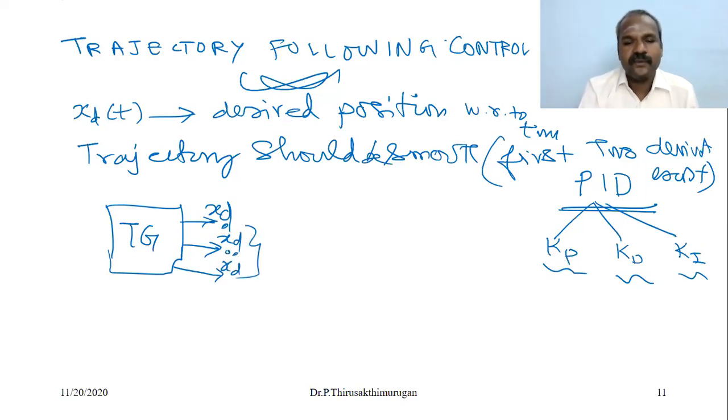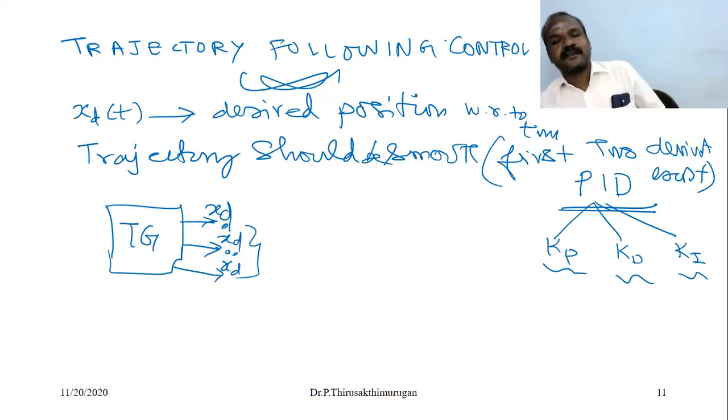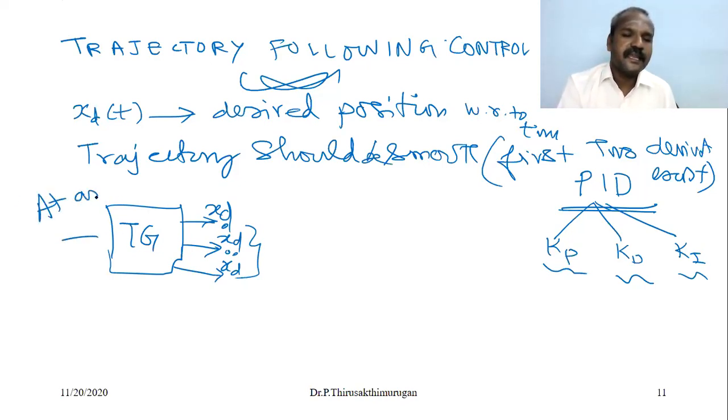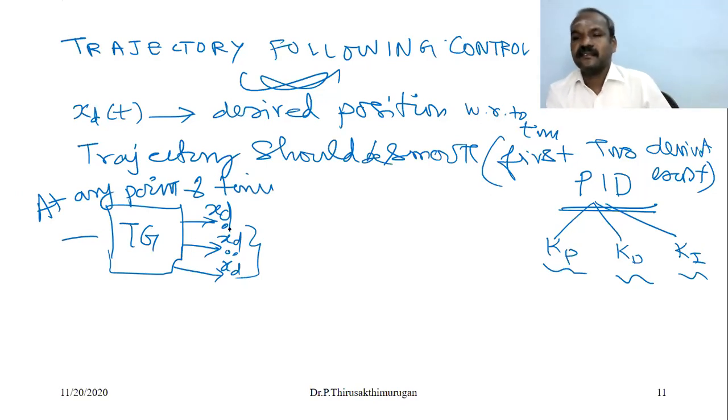So only 2 derivatives should exist for a smooth trajectory. Understand or not? At any point of time, the trajectory generator generates these 3 parameters: xd, xd dot, xd double dot, at all times, right?